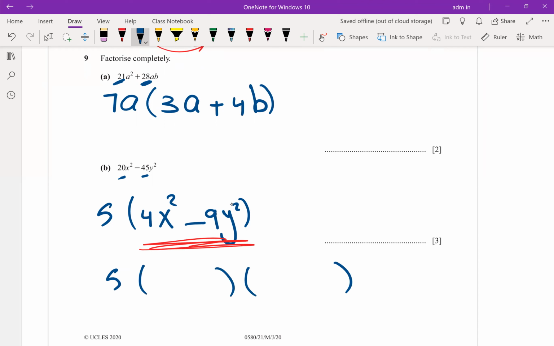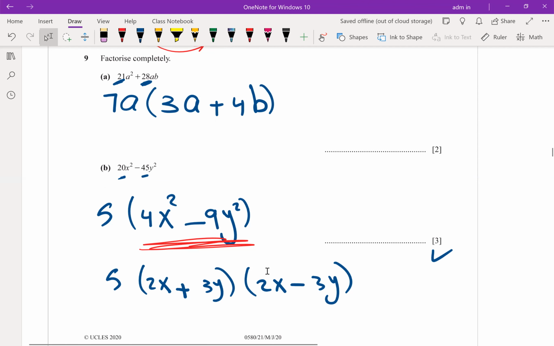How to factorize difference between two squares? Two brackets the same, 2x times 2x, 3y times 3y, one positive, the other negative. See how many marks for this question? 3. Don't try to take 5 out as a common factor and leave the difference between two squares. Factorize completely.